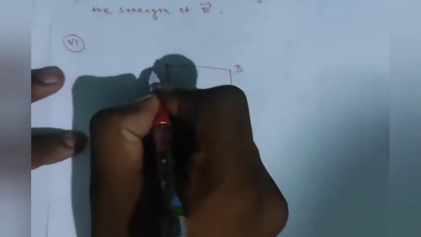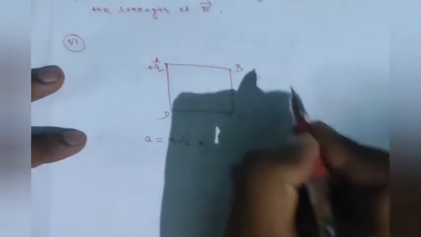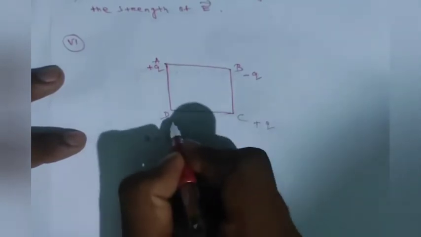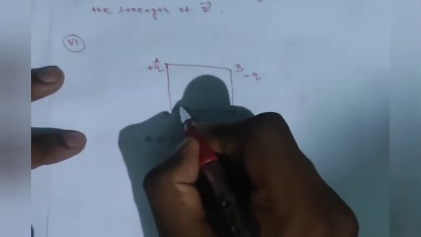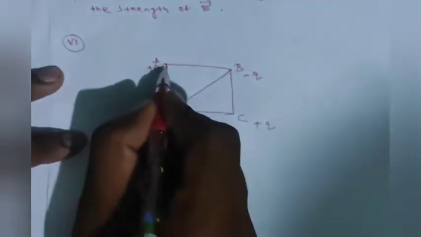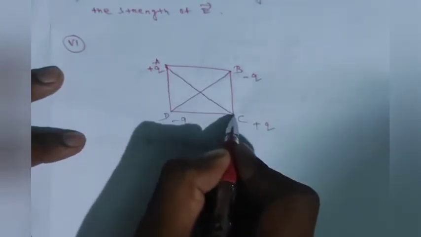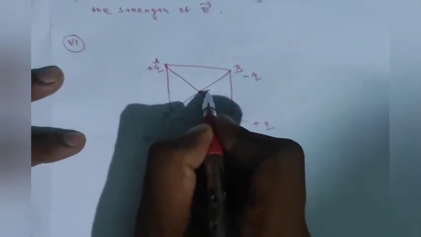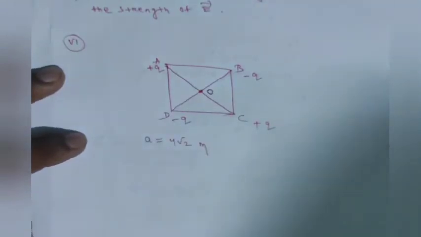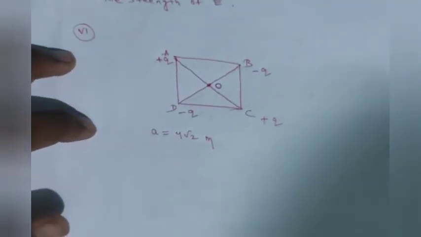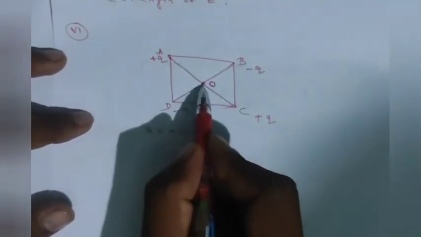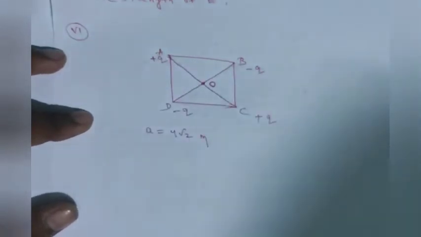Here is plus q, here is minus q, here is plus q, here is minus q. The question asks to find the net electric field at the center of the square, that is at O. So we have to find the net electric field at O due to these four charges.